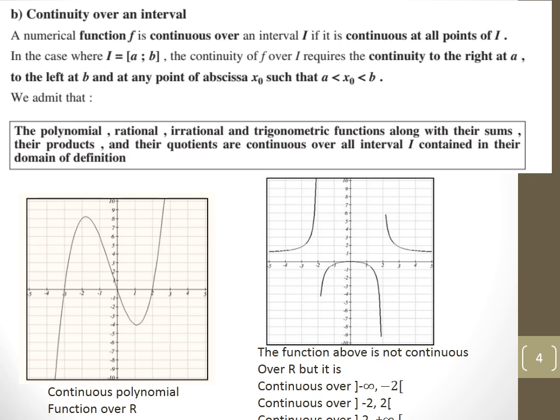In the second figure, we can't say that this function is continuous from minus infinity to plus infinity, while it's continuous from minus infinity to minus 2, from minus 2 to 2, and from 2 to plus infinity. So it's not continuous from minus infinity to plus infinity, but it's continuous along every part of the interval.